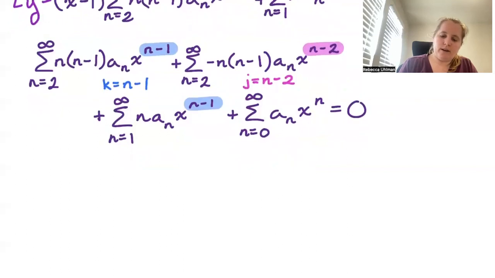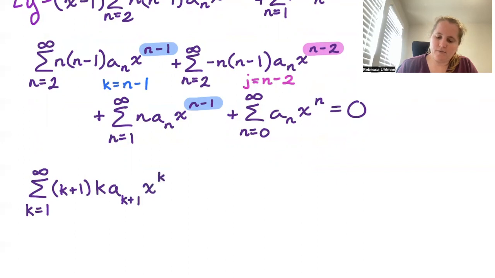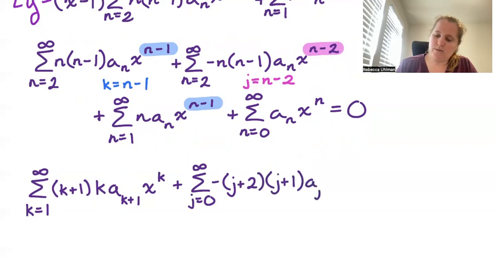So we wind up looking at the sum from k equals 1 to infinity, just shifting by 1 here, of k plus 1 times k times a sub k plus 1 times x to the k. And we have plus the sum, here shifting by 2, so we'll drop down to j equals 0 to infinity of negative j plus 2 times j plus 1 times a sub j plus 2 times x to the j.